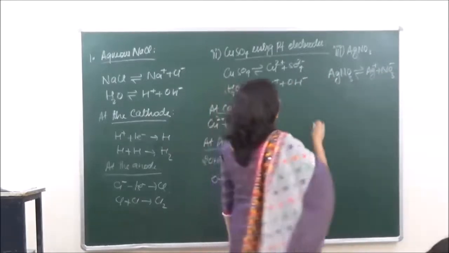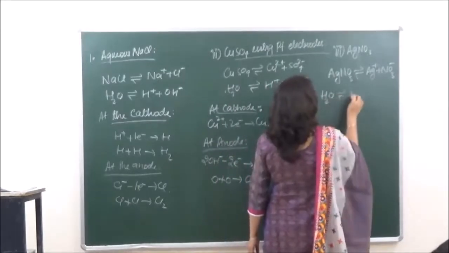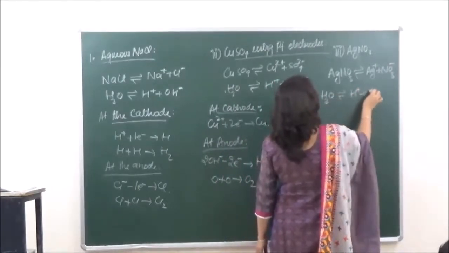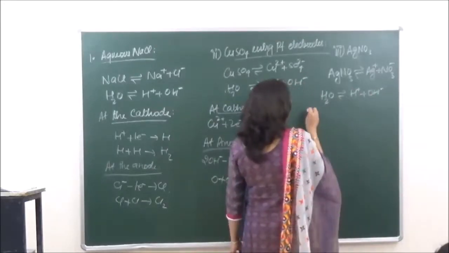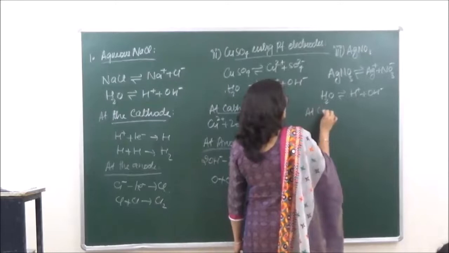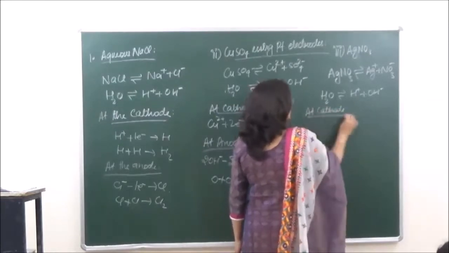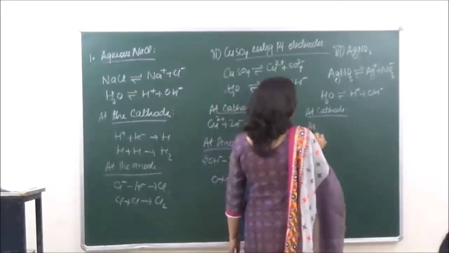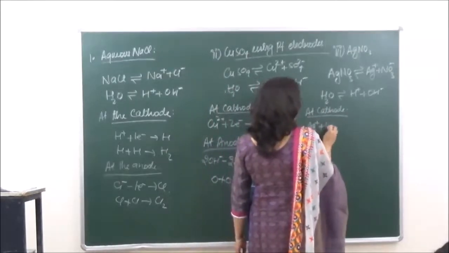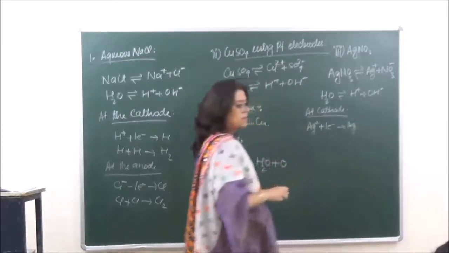If we are taking aqueous solution, then water is also going to be there. It gives us H+ and OH-. Now over here also at the cathode, as silver has lower value of discharge potential, silver is going to be deposited. Ag+ plus 1 electron gives us Ag.